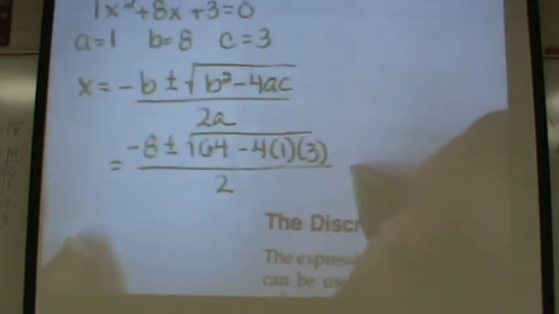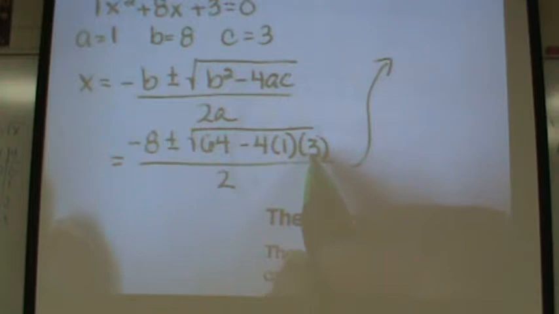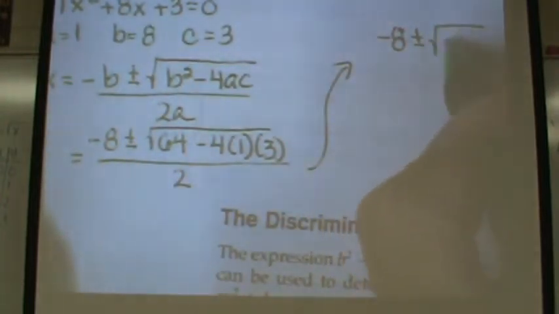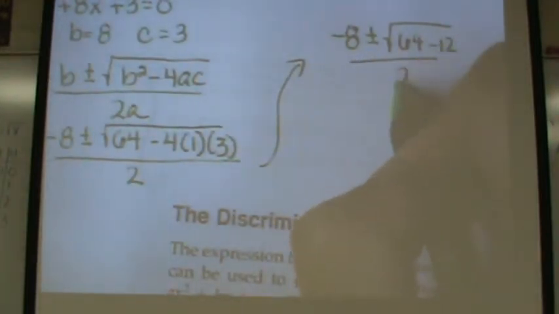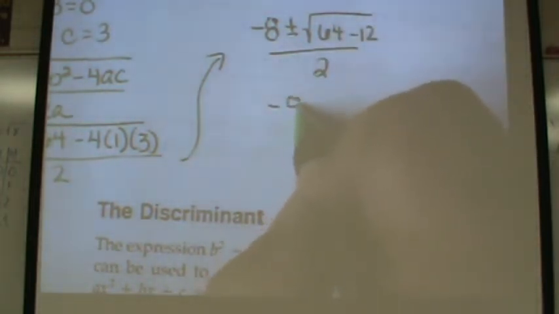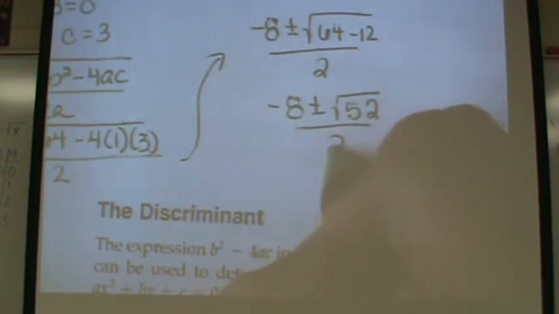So now we're going to slowly simplify this. What can you do to this problem? I would multiply these 3 together. You get 12. So you get -8 plus or minus root of 64 minus 12 over 2. Then I would subtract those two. -8 plus or minus root 52 over 2.